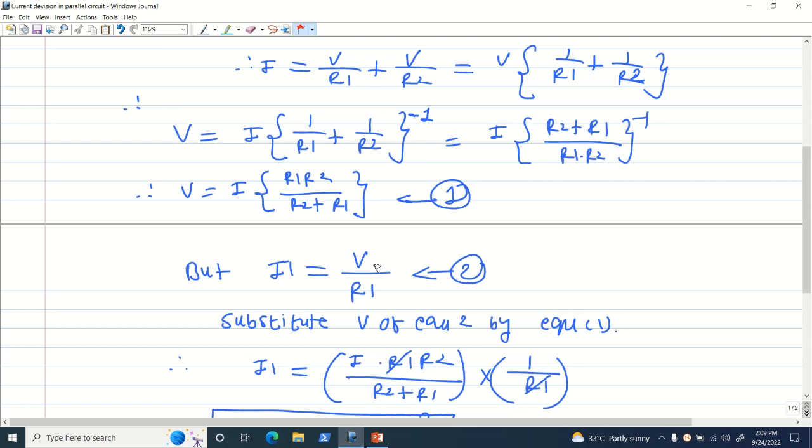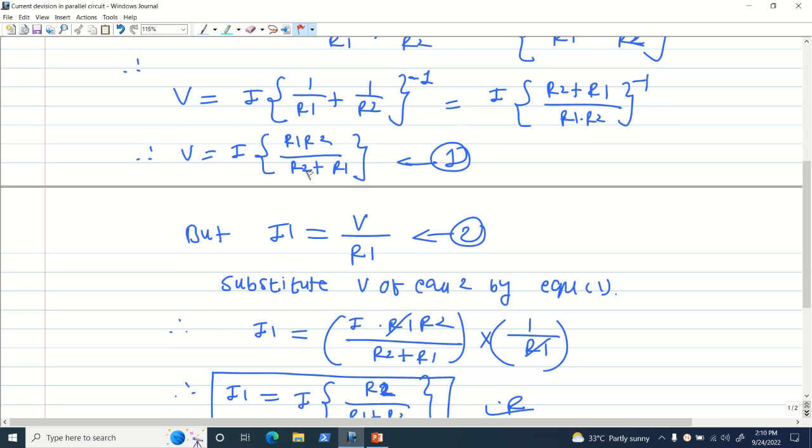So in equation 2, replace V by equation number 1. In equation number 1, we have obtained the equation of V. So replace this V by this V. So I1 would be equal to I into R1 R2 upon R2 plus R1, into 1 upon R1.